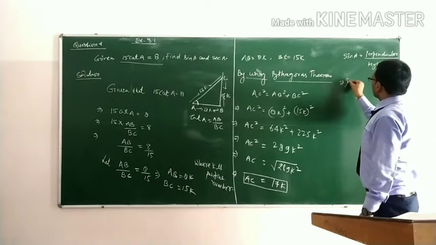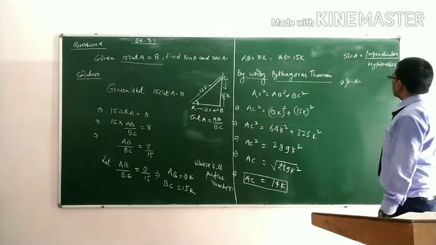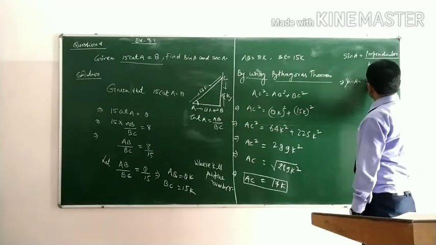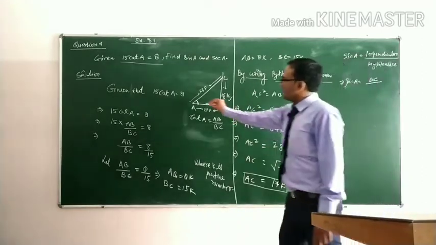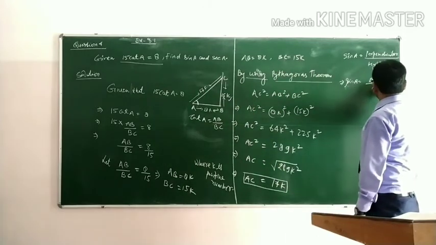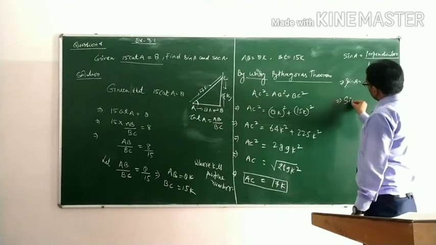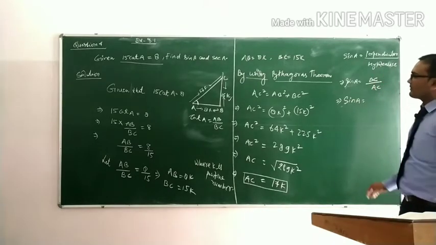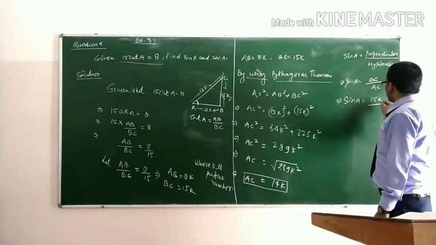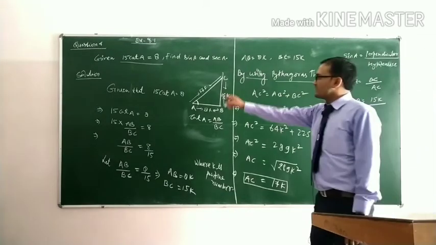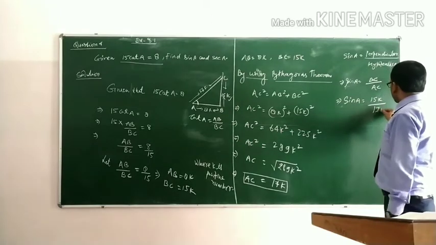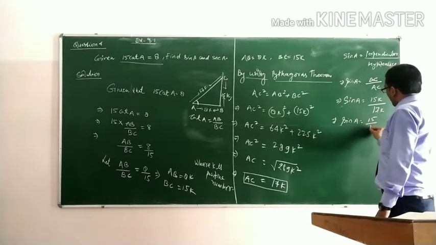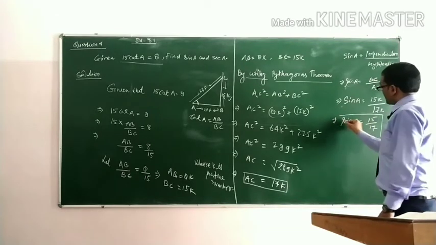This implies that sin A equal to BC upon AC, where BC is 15K and AC is 17K. This implies that sin A equal to 15 upon 17. This is the first answer.